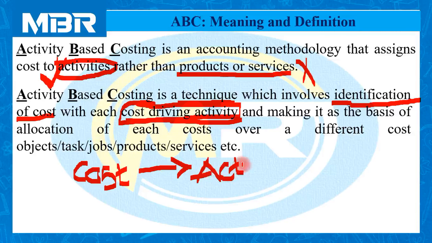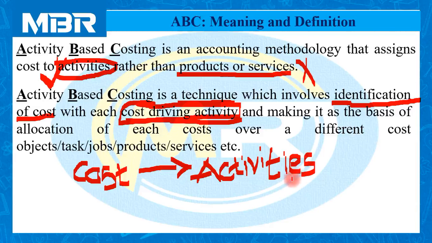So without considering activities, we are not going to distribute our expenditure to any of the products. It is a logical and justifiable decision of the manufacturing unit.